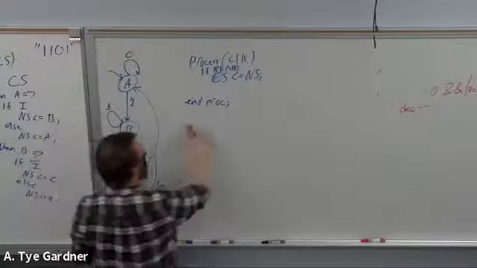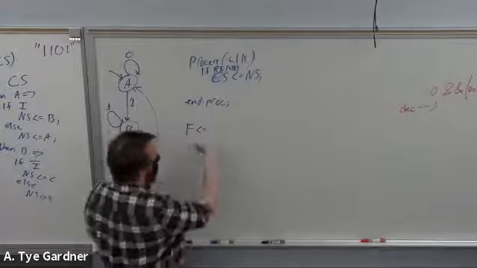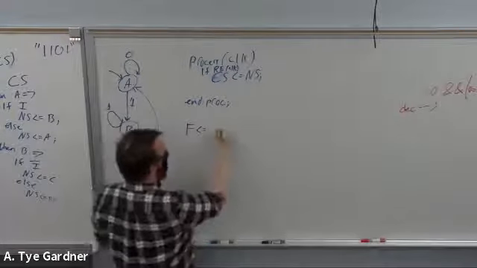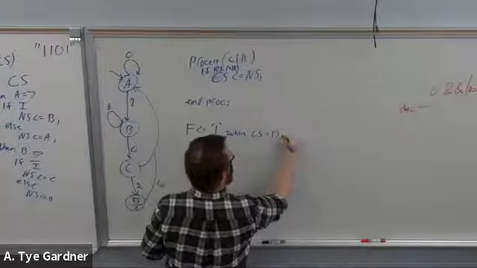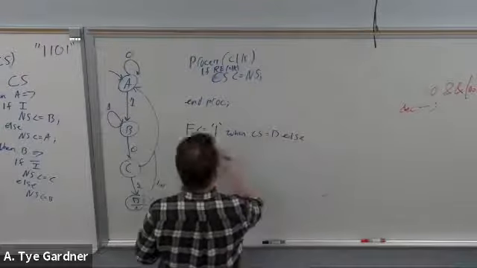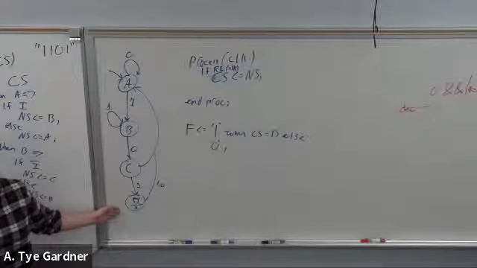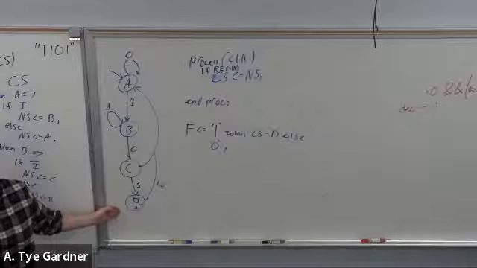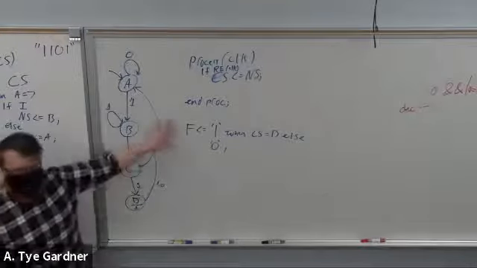We just go ahead and say F gets assigned to 1 when current state equals D, else 0. I haven't detected it unless I'm in state D. This is strictly combinational logic.